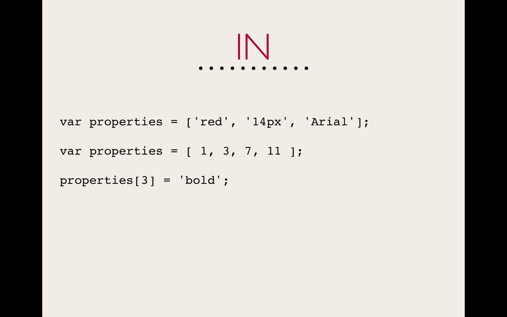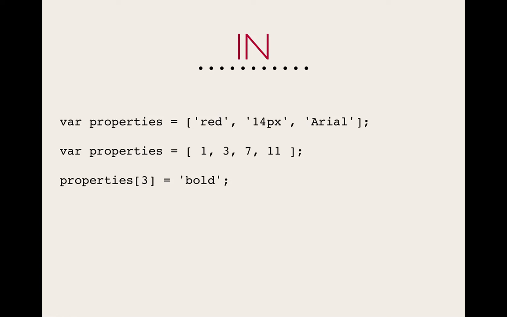We can get stuff in by just declaring them using the assignment statement and saying, hey, we've got a properties array. Let's put red, 14 pixels, and Arial in them as objects. We could define another instance of properties in another situation that's just got numbers in it.